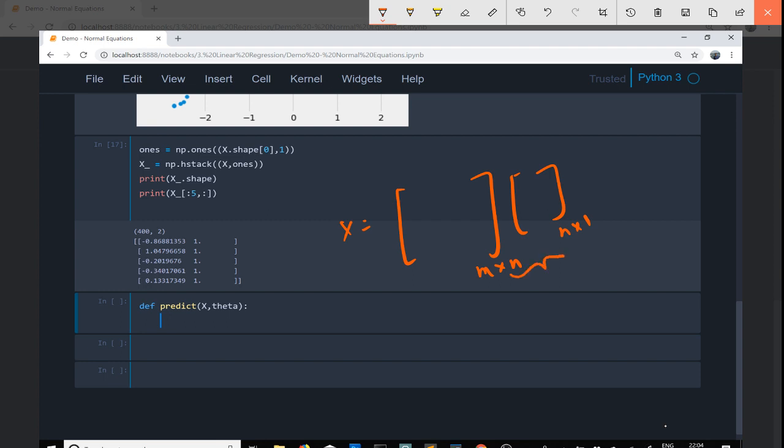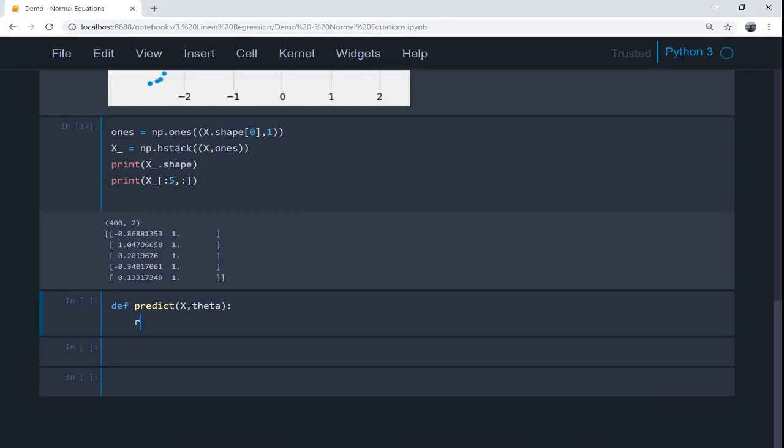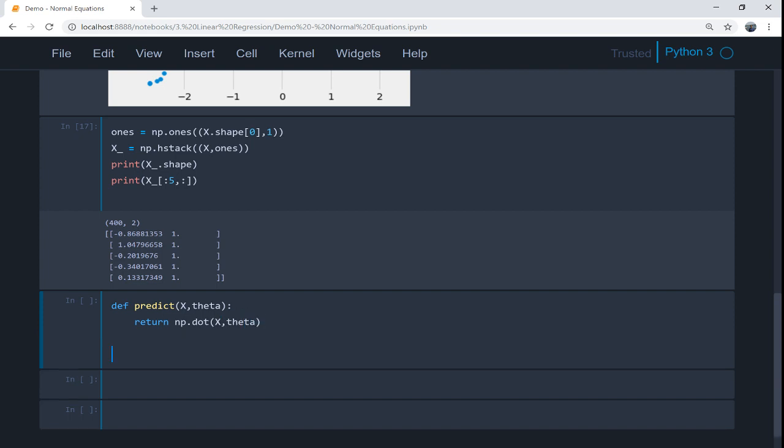So if you take a dot product, you are going to get a vector of this shape m cross 1, right? So x theta is going to be this vector which is going to be a prediction, right? So simply you just need to take a dot product between x and theta, and you are done, right?